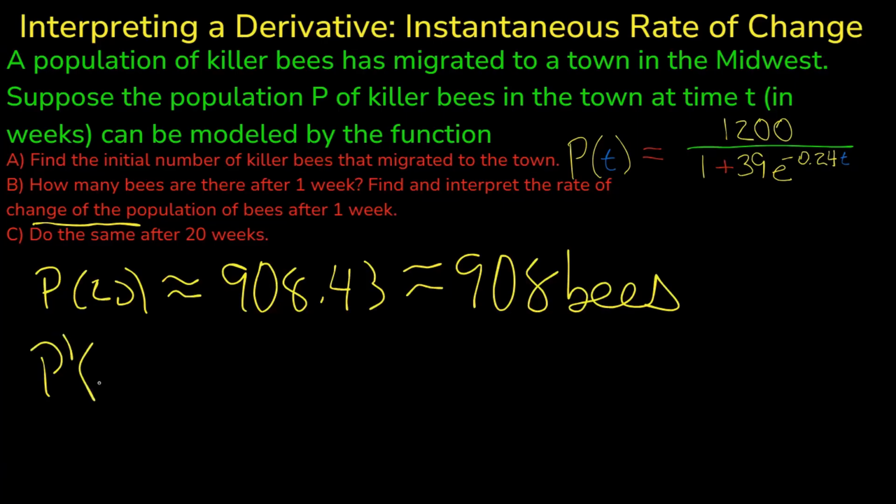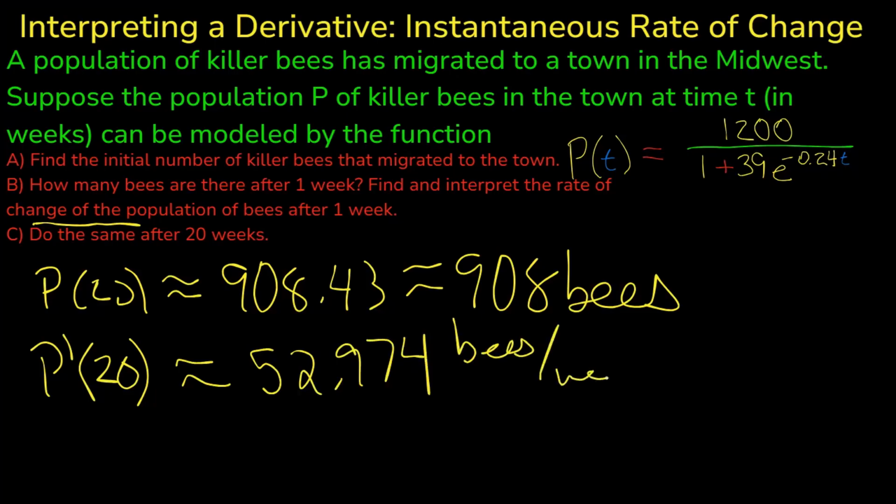And then P prime of 20, we would just plug in 20 to our derivative, and that's approximately 52.974 bees per week. So to interpret that, you would write out the sentence, after 20 weeks, there are approximately 908 killer bees in the town, and the killer bee population is increasing at a rate of approximately 53 bees per week.